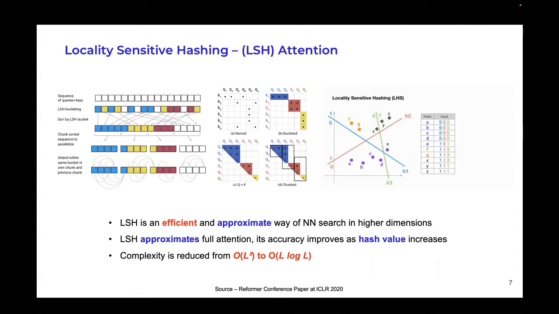Here, these hyperplanes are responsible for detecting the nearest neighbors, and those nearest neighbors are later used to do the bucketing and sorting. So this can be considered approximate nearest neighbor search, coupled with locality sensitive hashing.